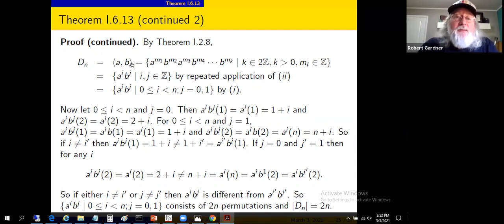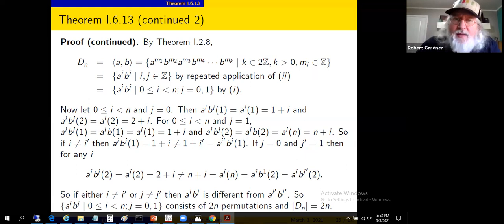If you only have two elements, A and B, then you get a power of A times a power of B times a power of A times a power of B, and so on. Of those exponents, it could be zeros, so maybe it starts with a power of B and not a power of A. You don't have commutativity, so you're stuck with this alternating A, B powers. And the exponents could be any integer. So we could have inverses in here.